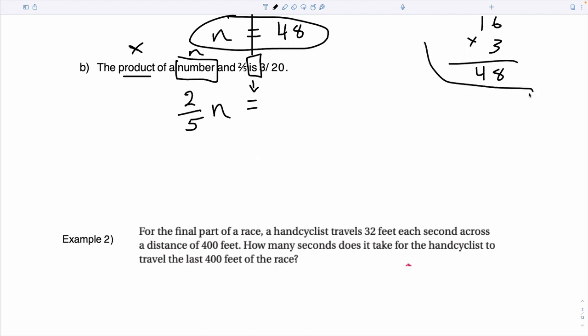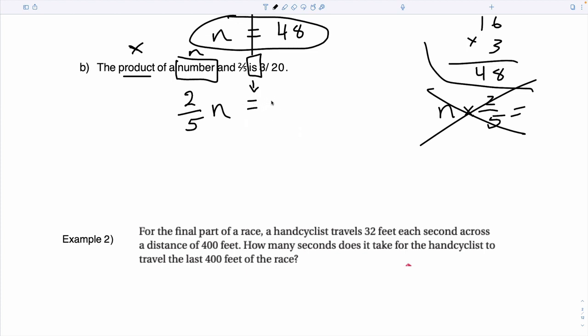You may be tempted to write this. That's not wrong, but it's not the most mathematically correct way to write an equation. I'm going to encourage you to do this when you multiply, because you will see multiplication look like that 99% of the time.